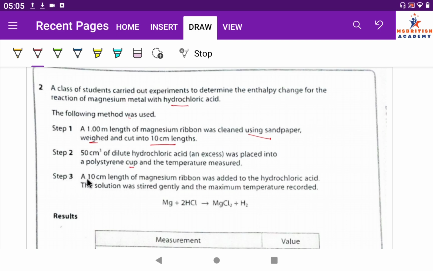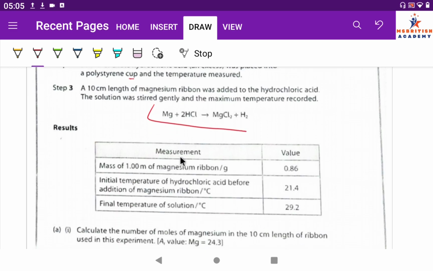Step 3, a 10 centimeter length of magnesium ribbon was added to the hydrochloric acid and the solution was stirred gently and the maximum temperature recorded. The reaction would be this. So the results, measurements: mass of 1 meter of magnesium ribbon in grams is 0.86 gram.